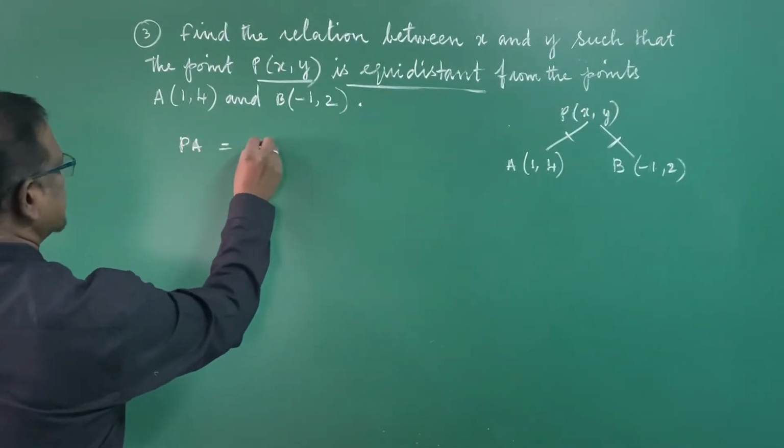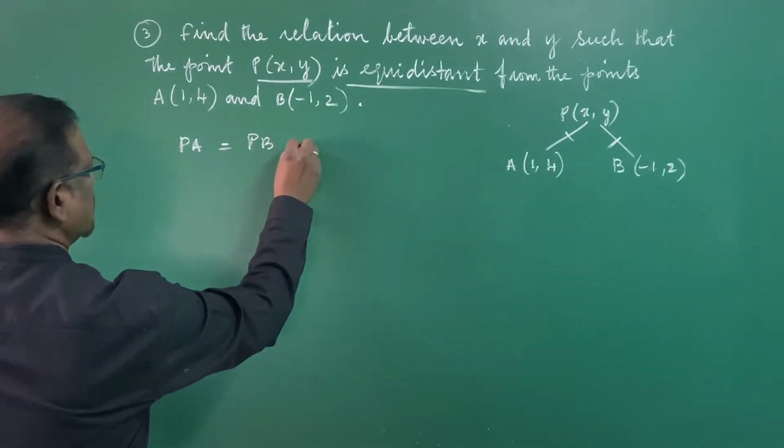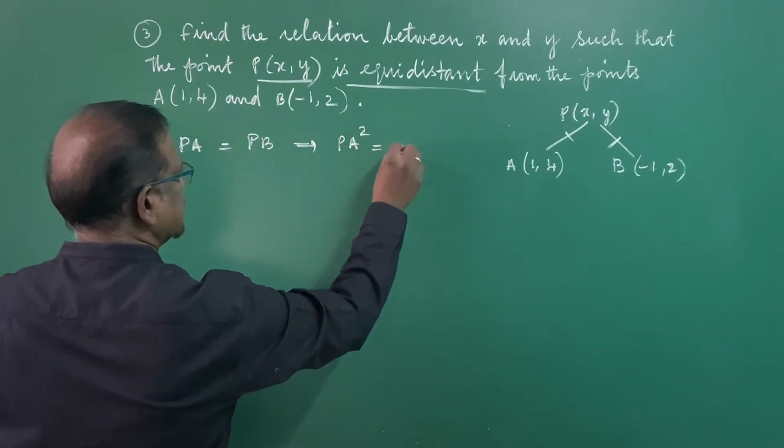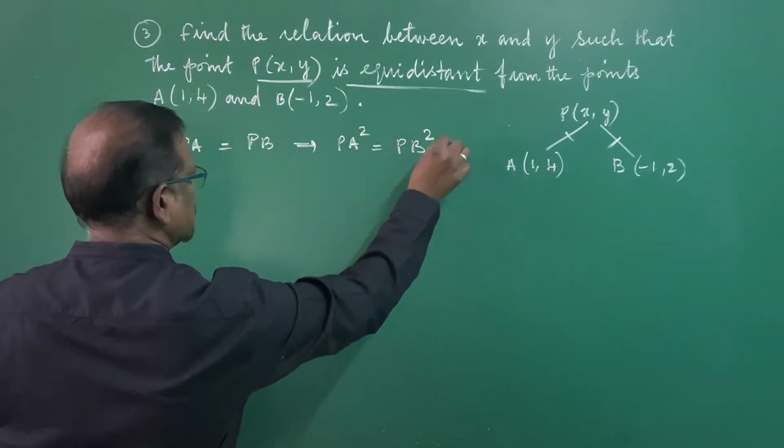So PA is equal to PB, which implies PA square is equal to PB square.